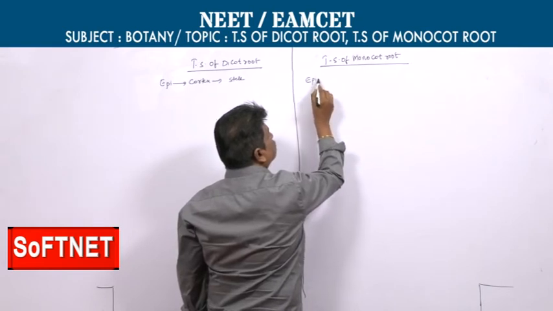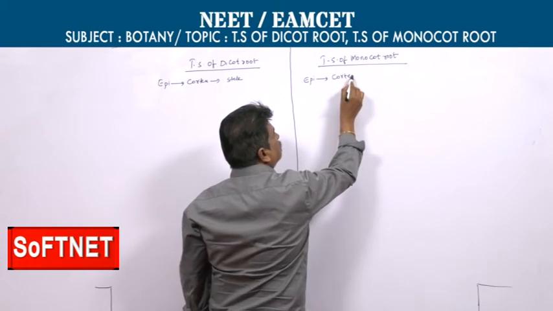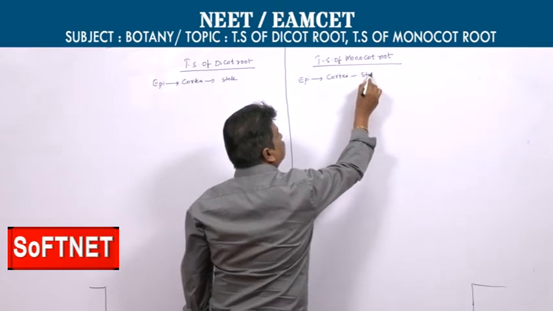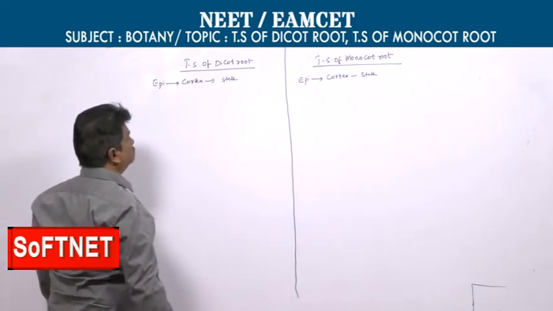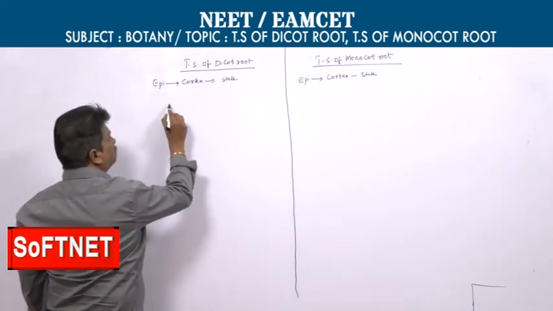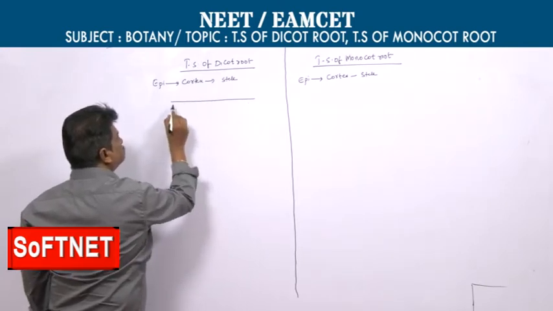Even in monocot root, it shows three parts: epidermis, cortex and stele. So first one, epidermis.